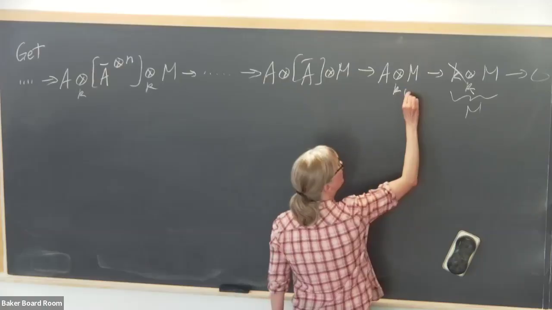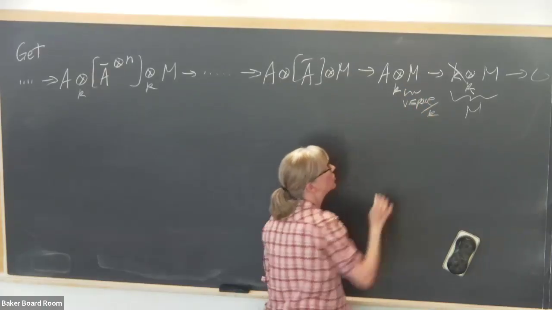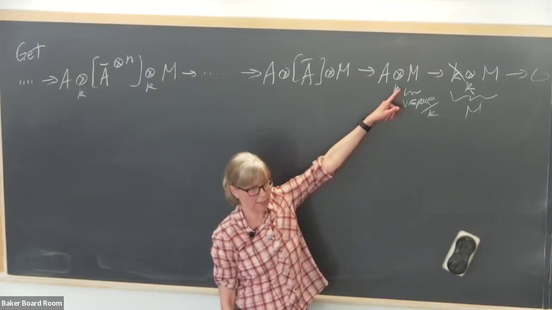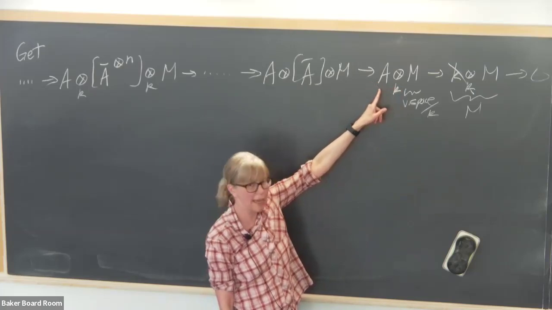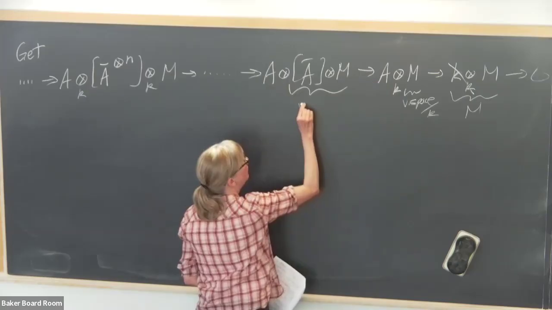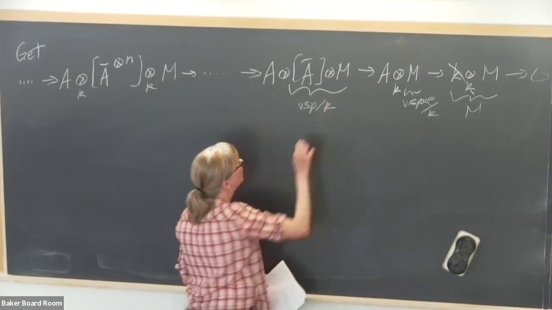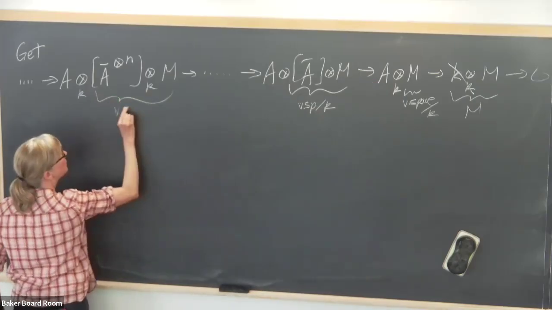Why? This is a vector space over K, so it's a direct sum of K's. And then you changed rings up to A, so now it's a free A module. This is also a vector space over K, and you've changed rings up to A, and so on.